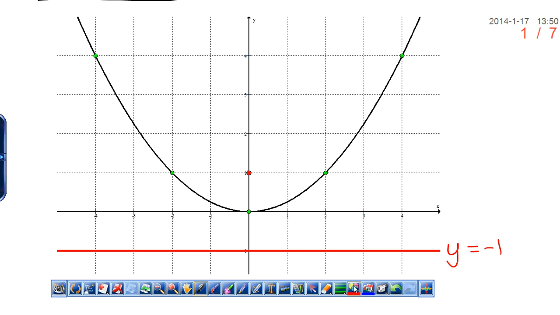So I want to do a little bit of discussion about this. If I go from my vertex to this point, what's that distance? 1. And if I go from my vertex down to this line, what's that distance? 1. The same, right? Okay, look here. If I go from my parabola to my fixed point at this next dot, what's my distance? 2.